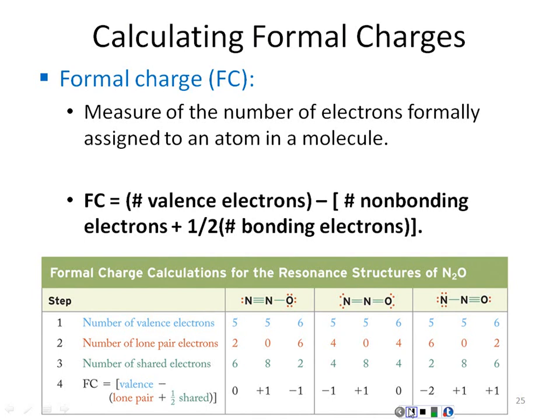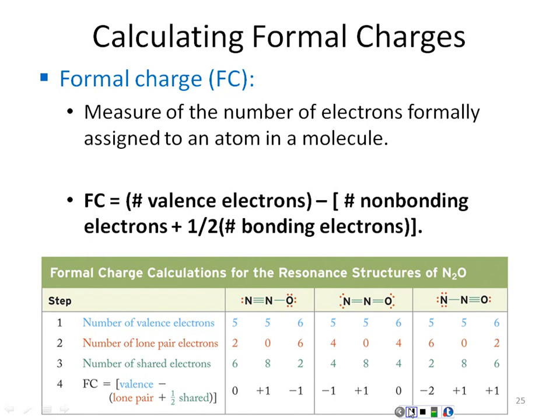Now, as Lewis structures get more complex, there are times when you can draw different structures for the same set of atoms in a molecule, and they all seem to follow the octet rule. But how do you decide which structure is more correct? That would be by using what are called formal charges.